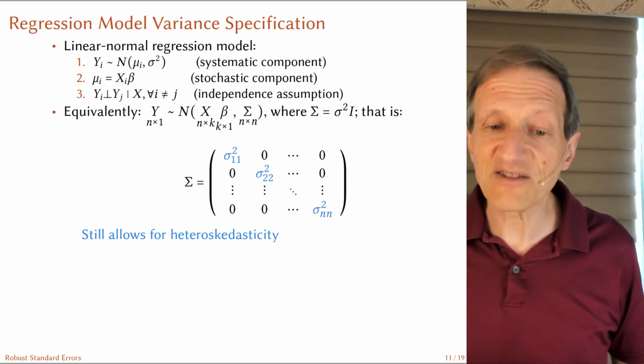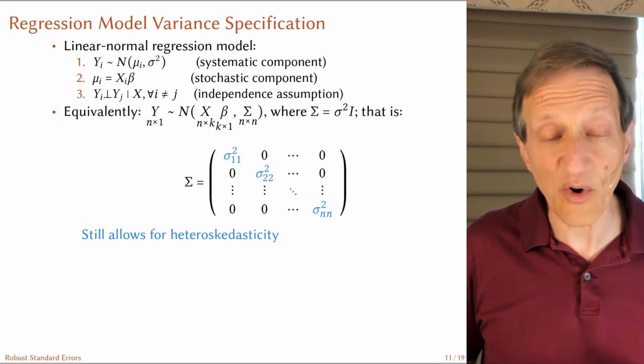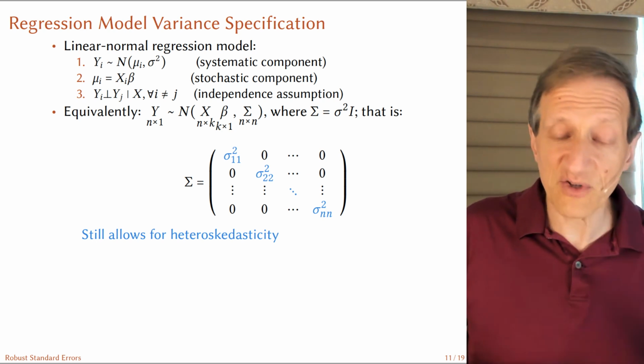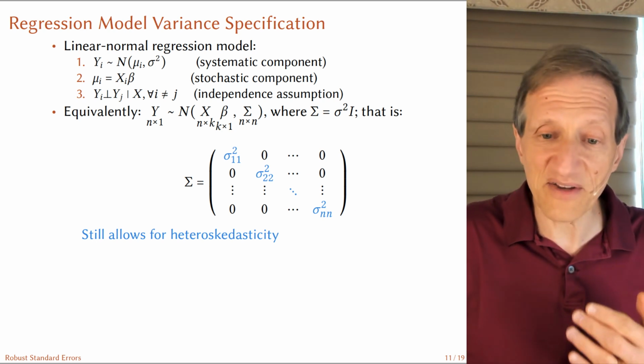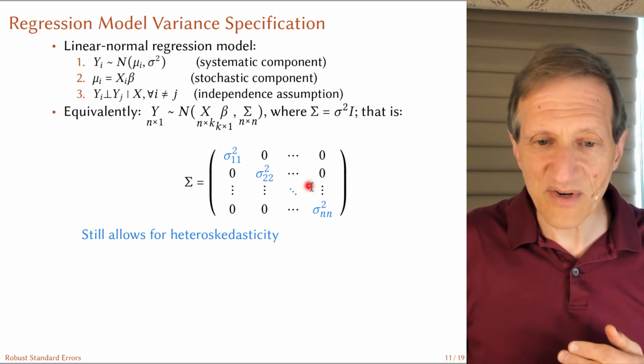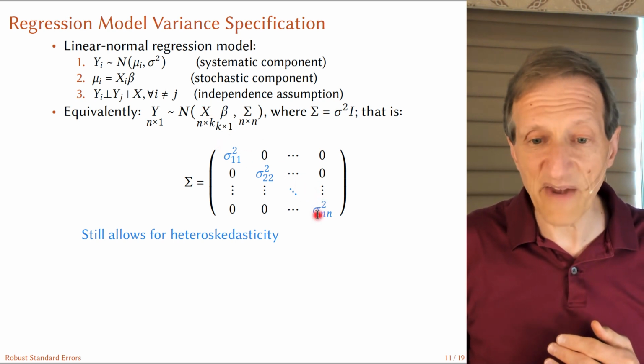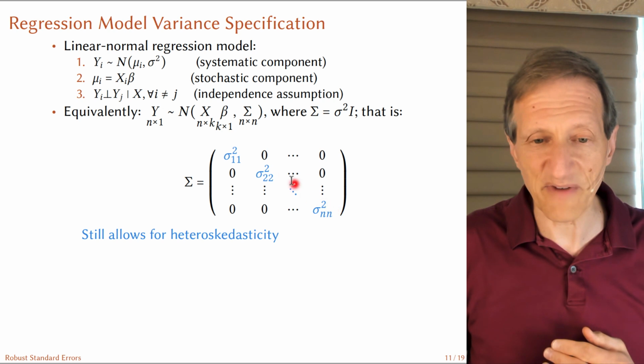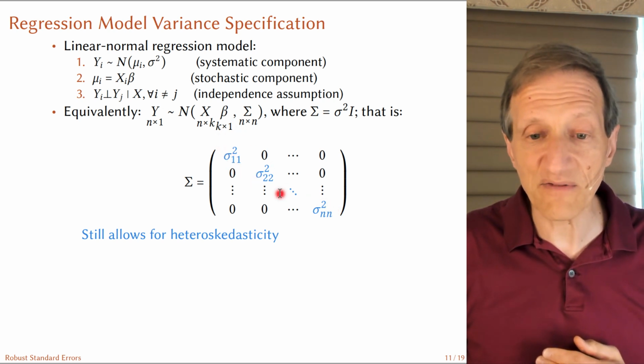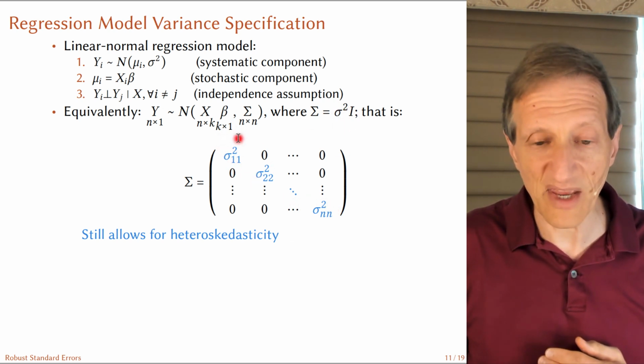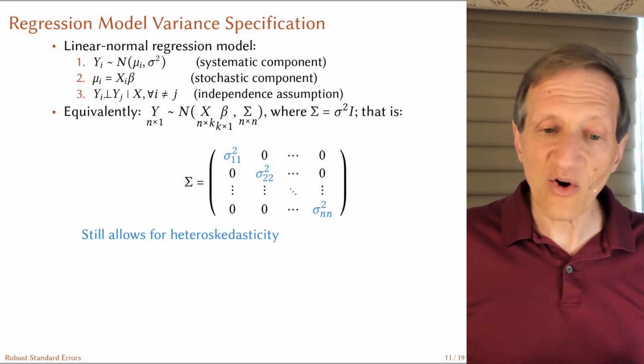Now let's notice that this still allows for heteroscedasticity. Heteroscedasticity means a variance that varies. So these numbers are not the same across all the observations. There's n of these, n observations, and the variance of each of these in the regression are all the same, but here they vary. So what do we do?